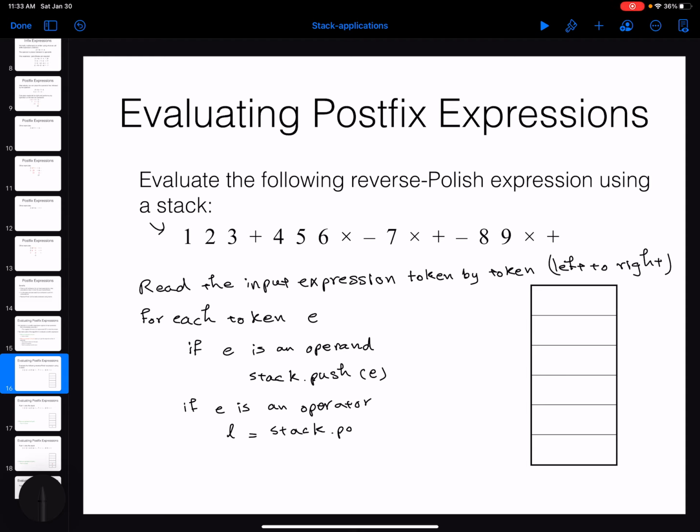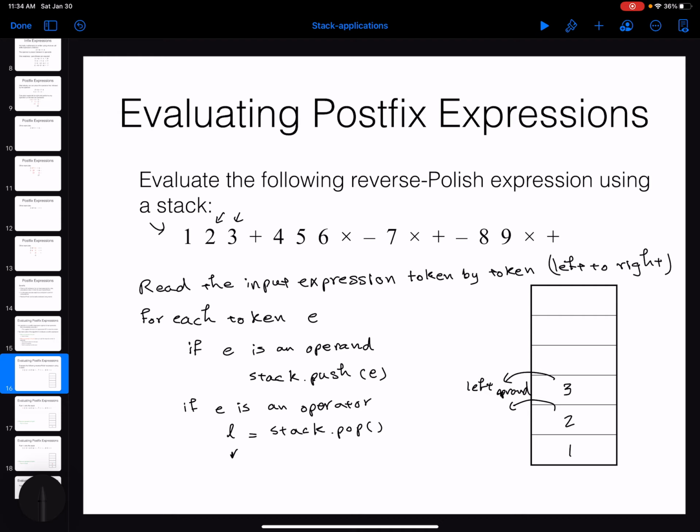If you, for example, push 1 and then you push 2 and then you push 3, when you are popping, the first pop that you would apply is going to be the left operand, and the second pop is going to be the right operand, right? That's why I'm writing it in this way.